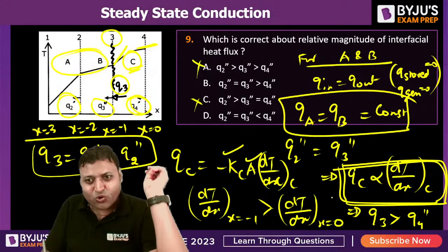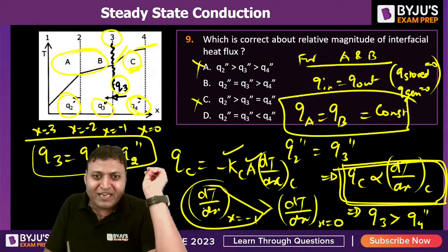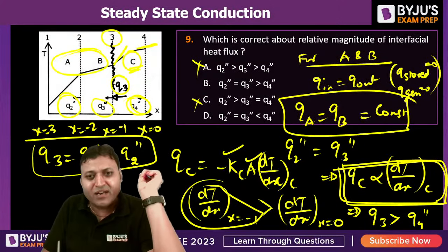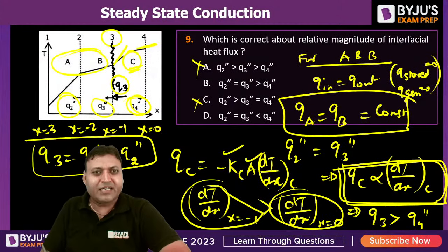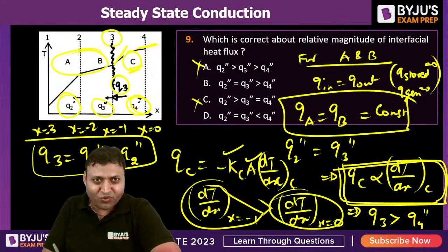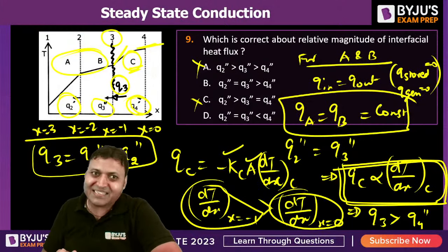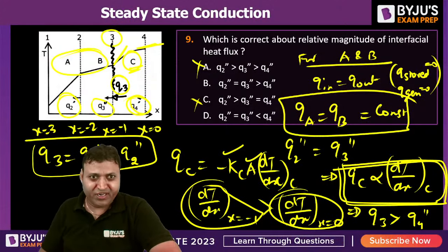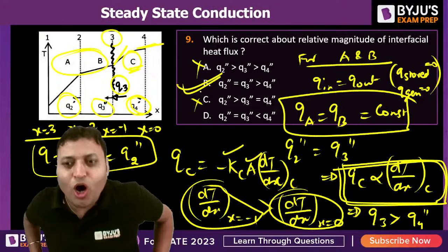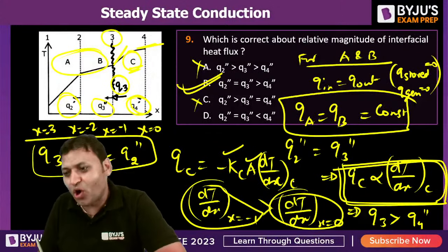At point 3, that is Q3, will depend on dt by dx at x is equal to minus 1, and Q4 double dash will depend on dt by dx at x is equal to 0. So you can see that slope at point 4 is less compared to the slope at point 3. That is why Q3 is more than Q4 double dash. Option B is the correct answer. Option B.